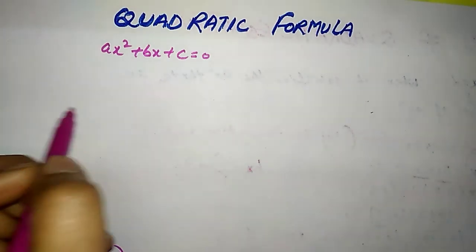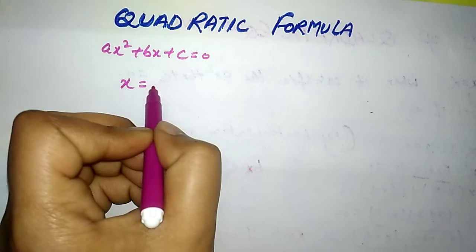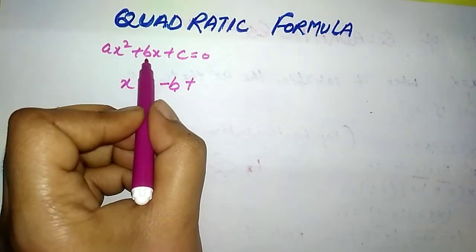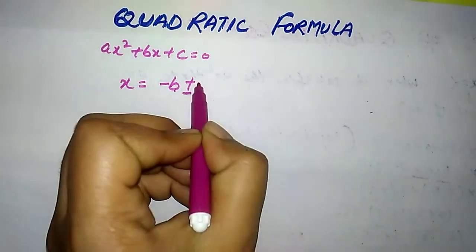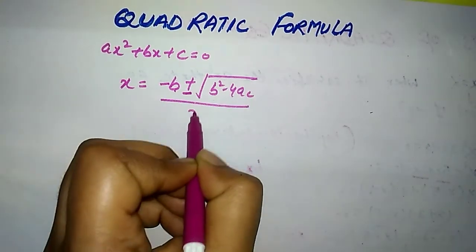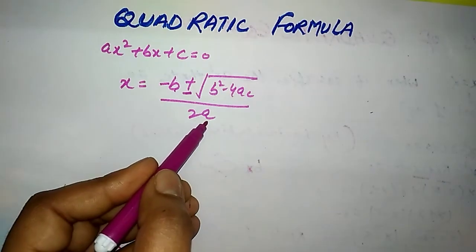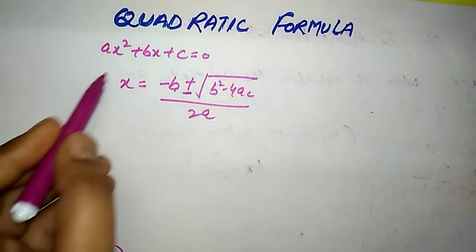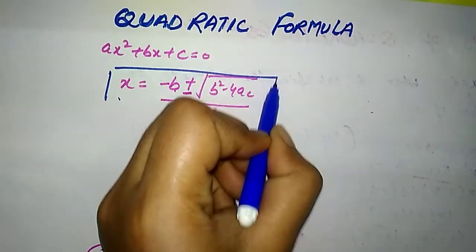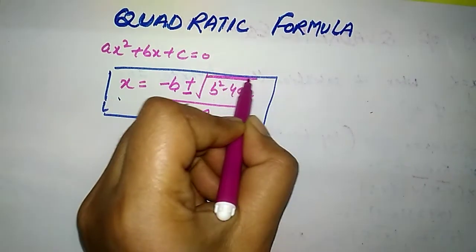To find the roots, this is the formula: minus b, where b is the coefficient of x, plus minus root of b square minus 4ac upon 2a. c is the constant term and a is the coefficient of x square. This is the quadratic formula to find the roots of a quadratic equation.